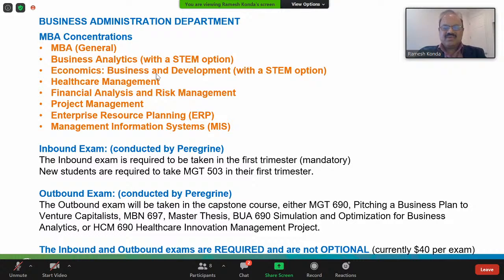This is a new concentration which is going to be implemented this coming fall 2020. Then there are healthcare management, financial analysis, risk management, project management, enterprise resource planning, and management information systems. So we have a very broad program with several concentrations, and it addresses business needs from different areas.